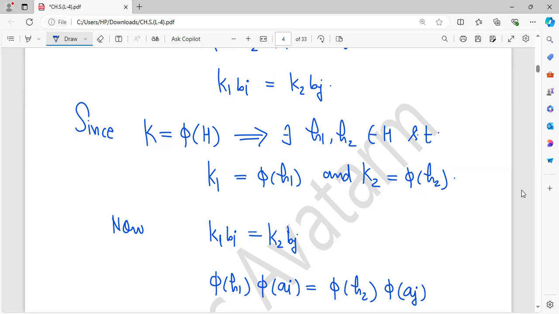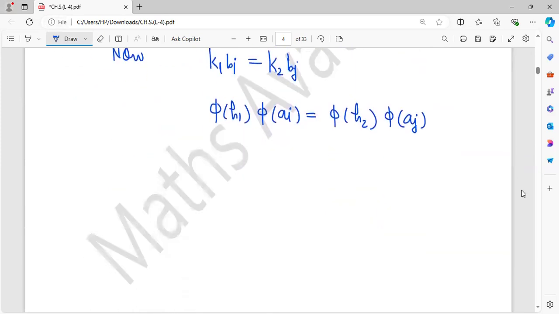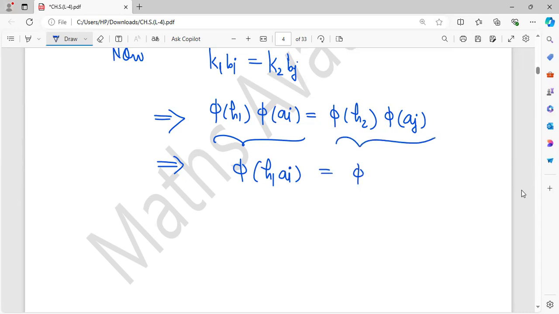And we know that phi is a homomorphism. By the property of homomorphism, we can write this as phi of H1 A_i equals phi of H2 A_j.